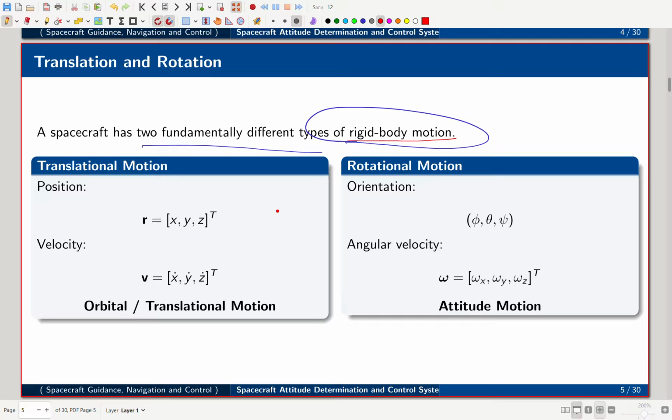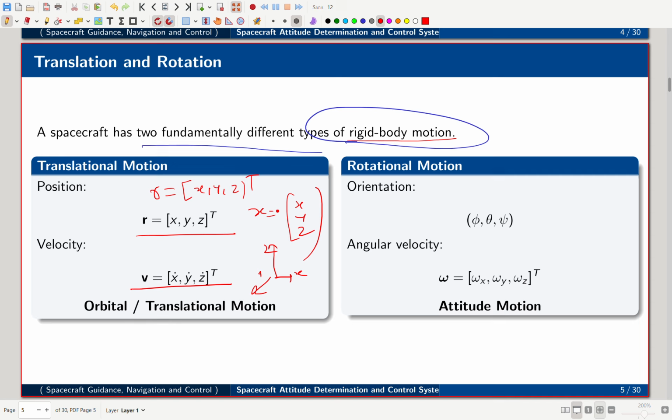So translation motion: this is a position vector r, x, y, z transpose, or we can also write it as a column vector. No worries. And this is velocity, for each axis, x, y, and z.